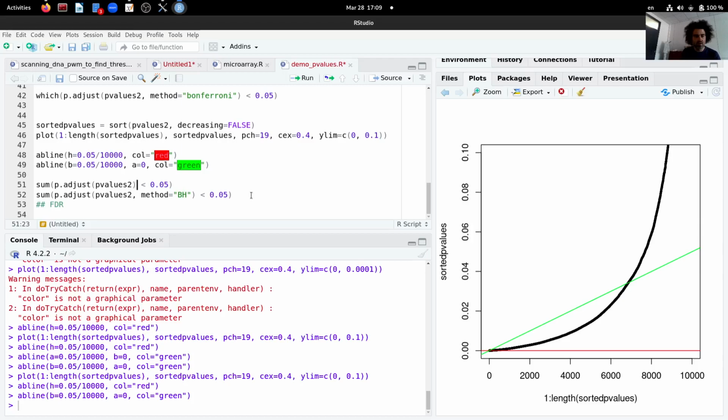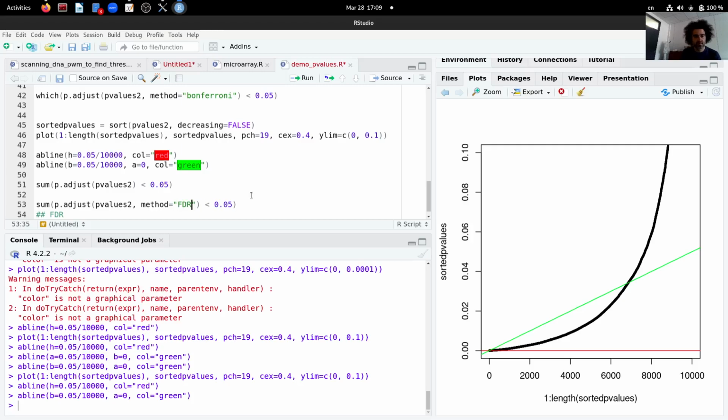In order to do that, we will apply the p-adjust again for the p-values, but the method will not be Bonferroni any longer, but it will be BH, from the authors, the developers of these methods, Benjamini Hochberg correction, or else FDR.